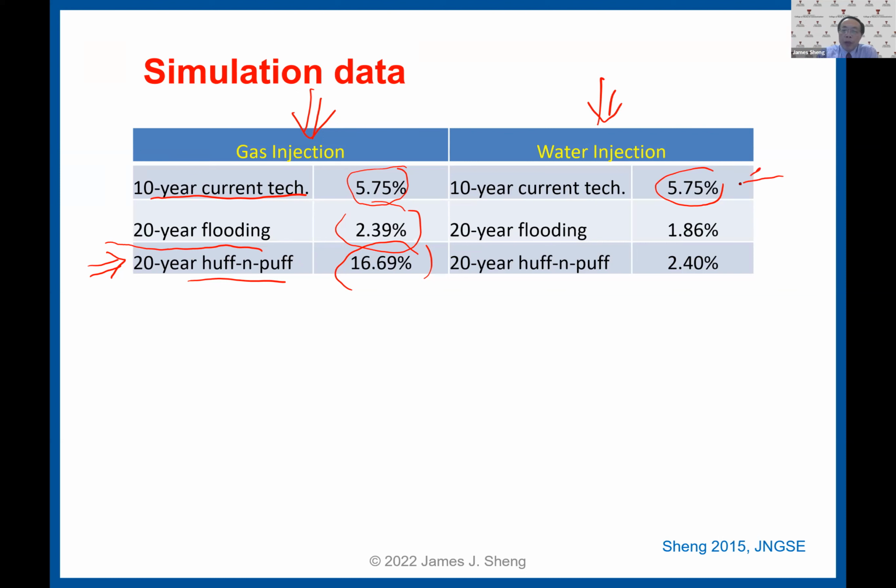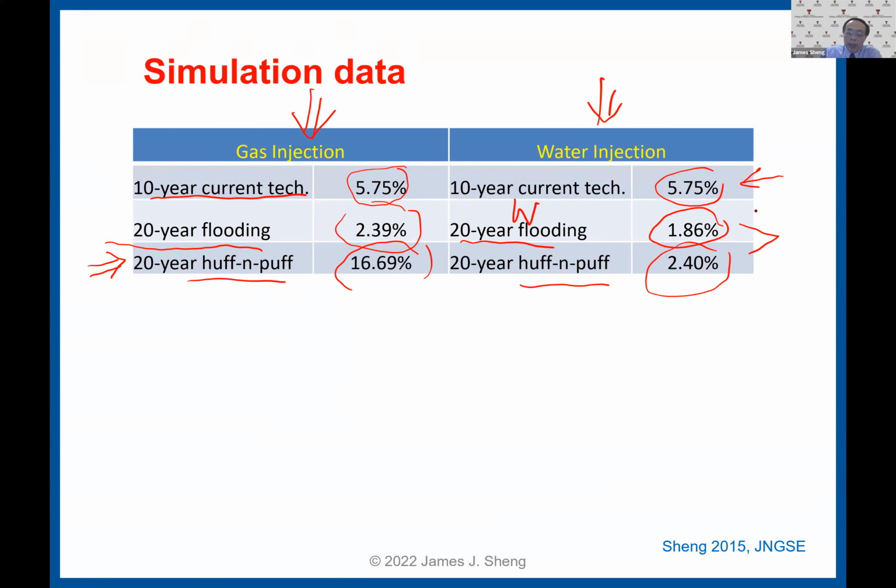In the beginning, primary depletion 5.75, then 20 years of water flooding, we get 1.86. The 20-year huff and puff water injection gives about an additional 2.4%. So now you can see for water injection, these two modes give very similar oil recovery.